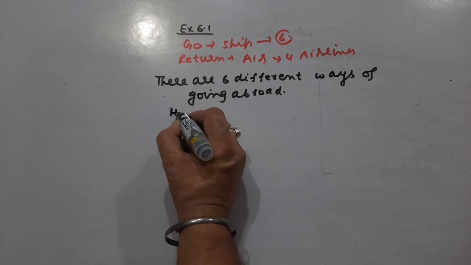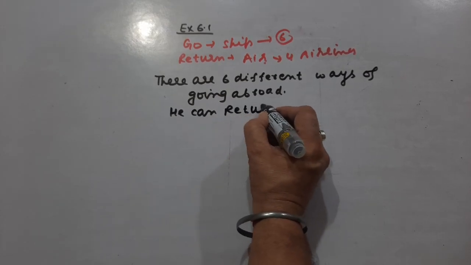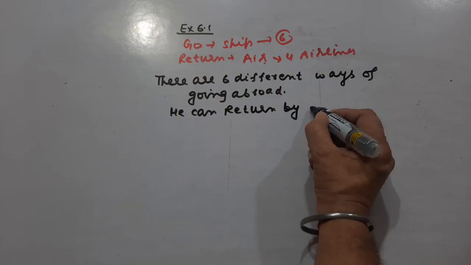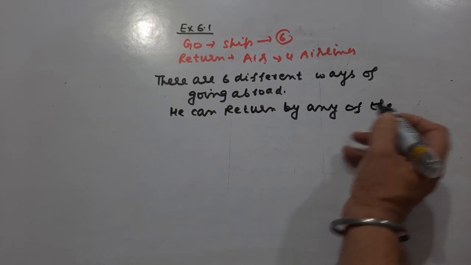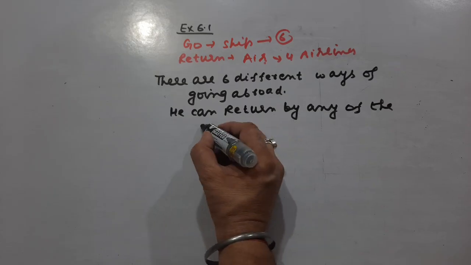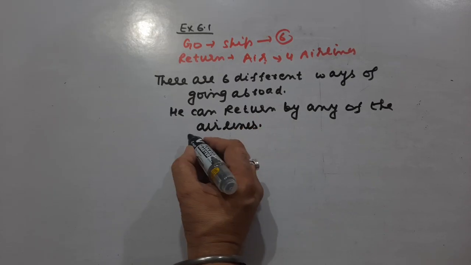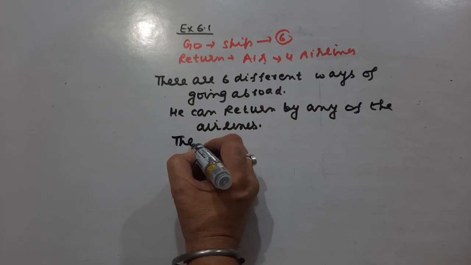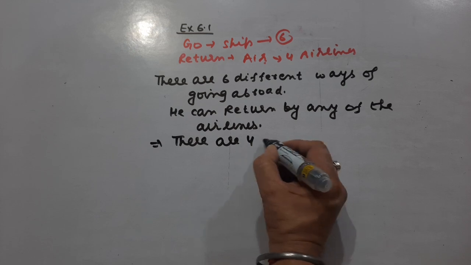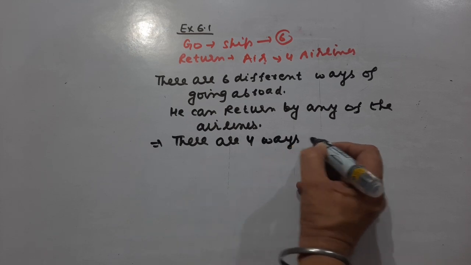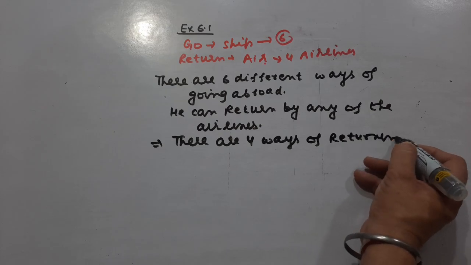And he can return by any of the airlines, so it implies there are 4 ways of returning. So there are 4 ways of returning.